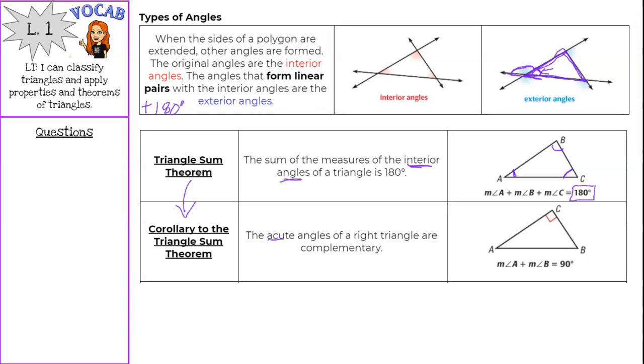It says the acute angles of a right triangle are complementary. If we have a right triangle, we already know that one of our angles is 90 degrees, and 180 minus 90 is 90. So the other 2 angles have to sum to 90 degrees, which is what complementary means.